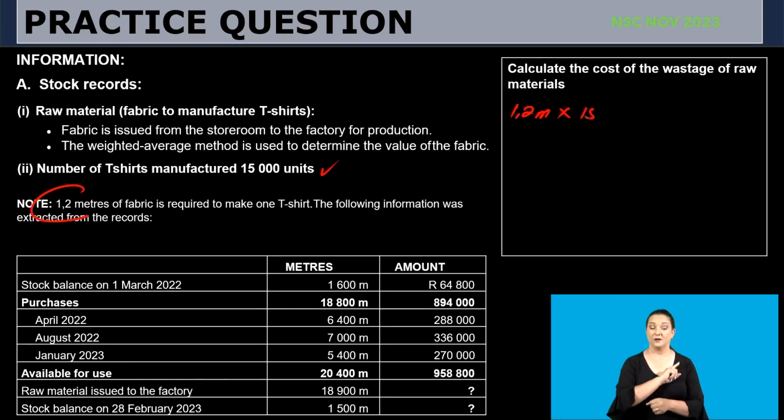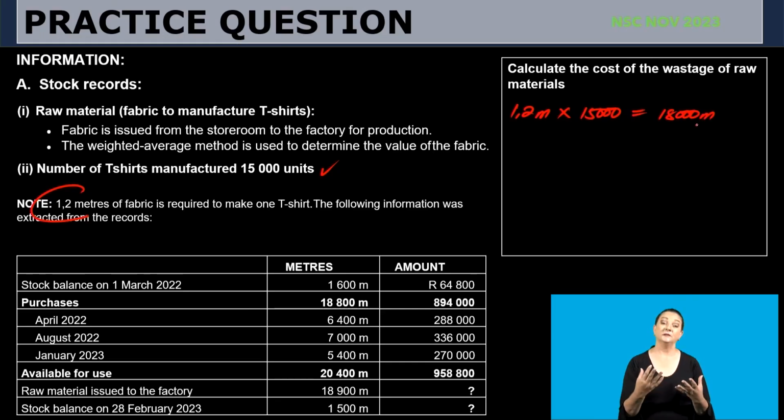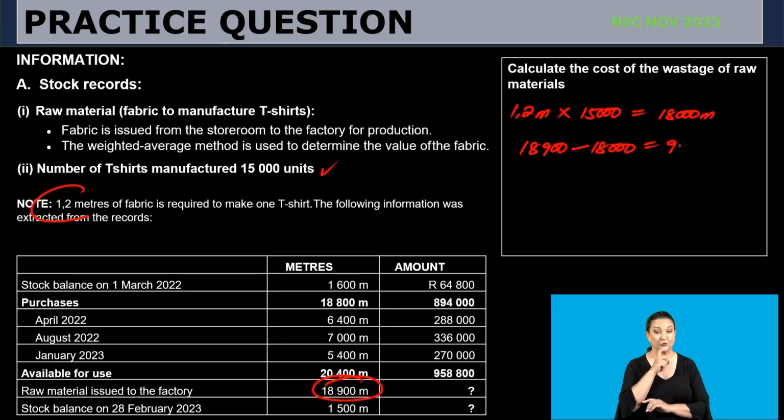So you see that multiply by 15,000 t-shirts. That would now give you 18,000 meters. This is the amount of fabric that we should have used. However, we have used 18,900. So we say 18,900, which we have used, minus the 18,000 that we should have used. We have wasted 900 meters.